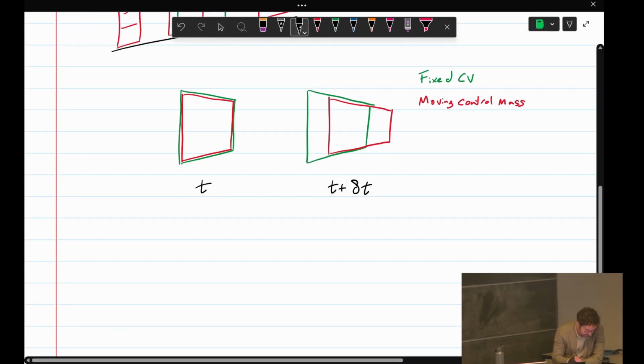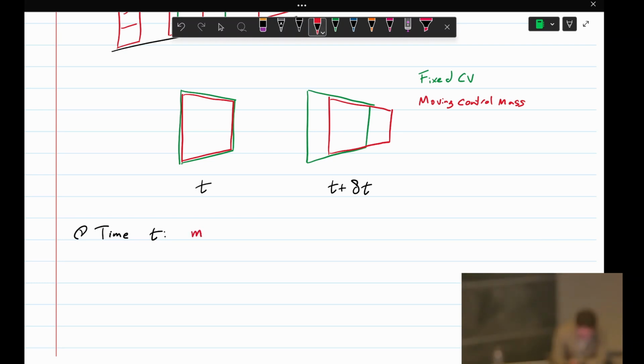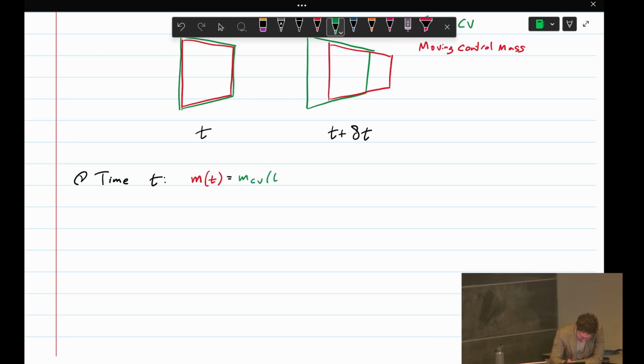So at time t, what we're going to do is say our mass at time t, our control mass, is equal to our control volume mass.